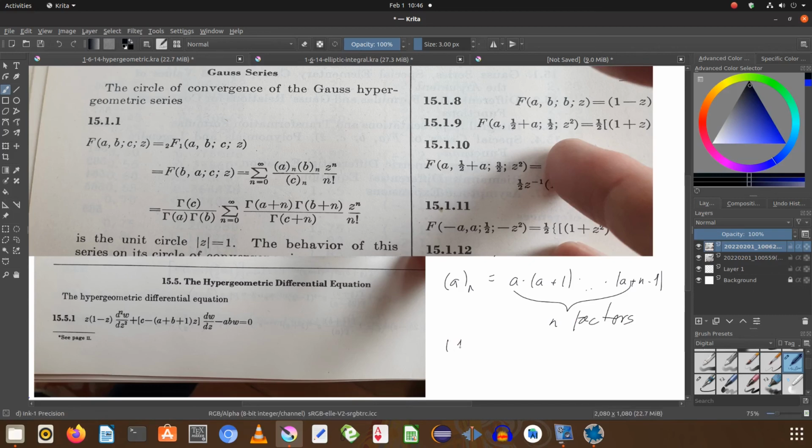In particular, (1)_n is the factorial of n.